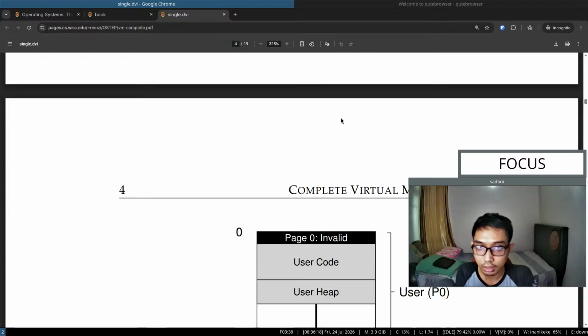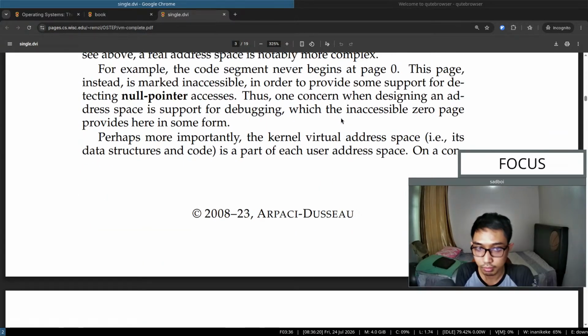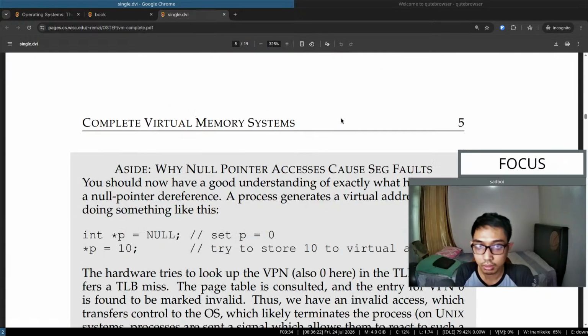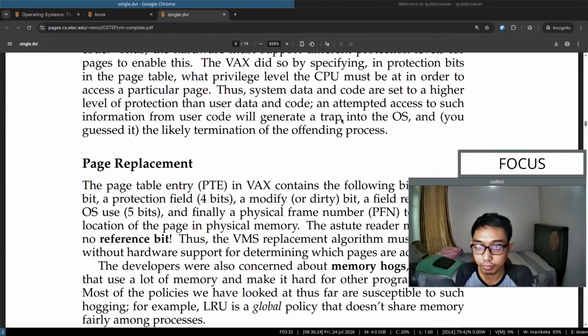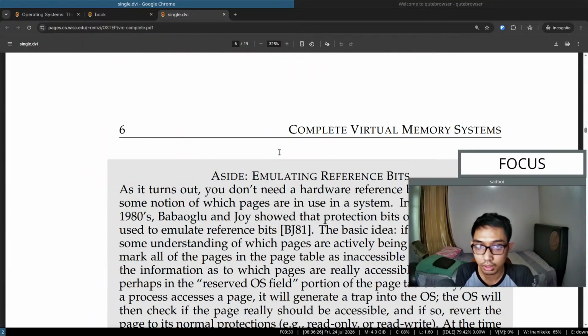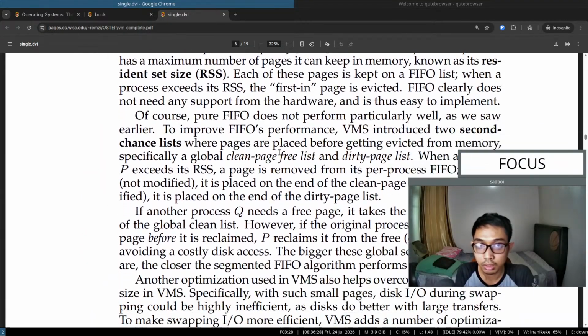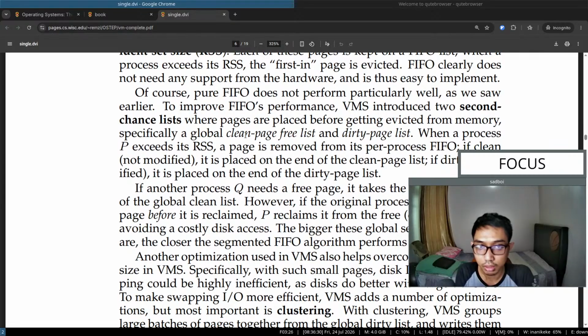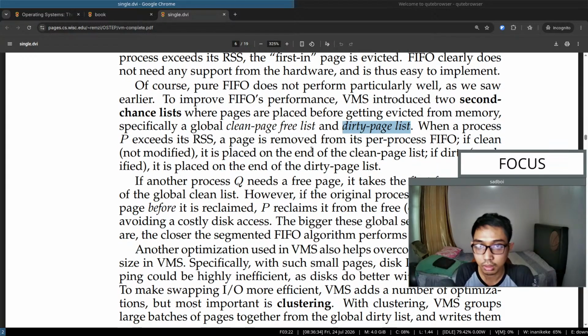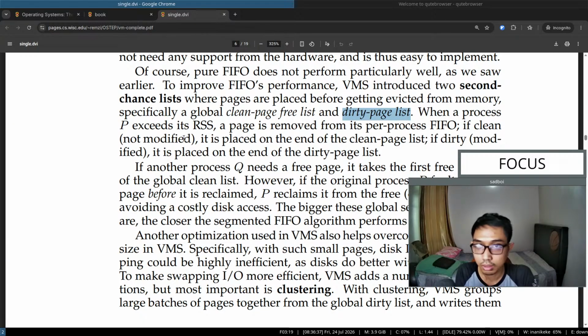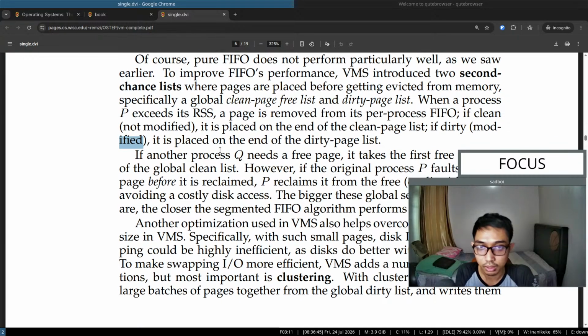The clean and dirty list. Where is it? Yeah, the clean list and the dirty list here. The clean is not modified and the dirty list is the modified page or something like that.